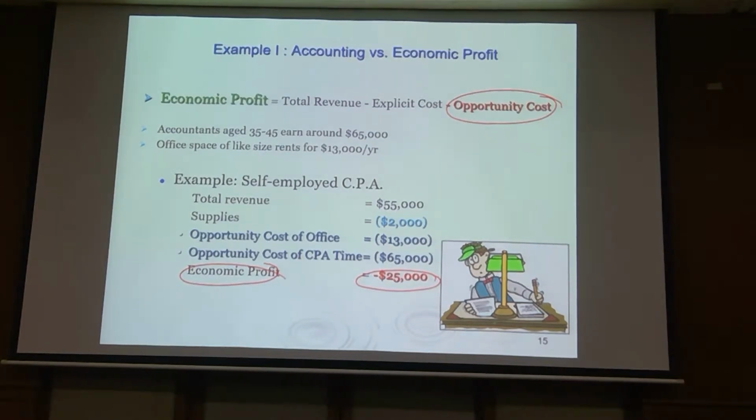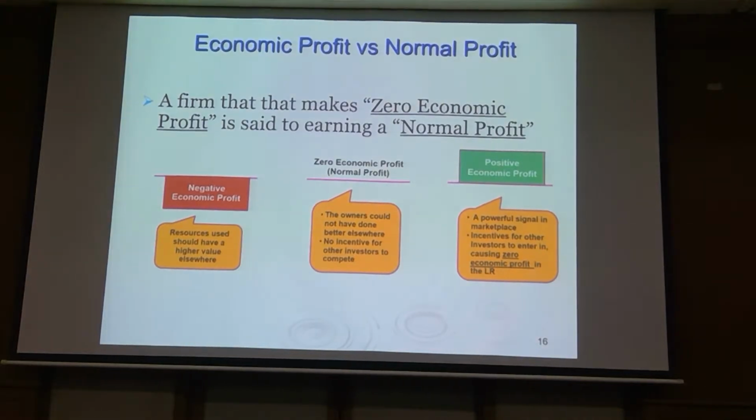When we calculate the economic profit, we have three scenarios: negative, zero, and positive. So how are they implied? Negative economic profit is like the situation of that accounting guy. He earns less than he should, because of the high cost of the next best alternative.